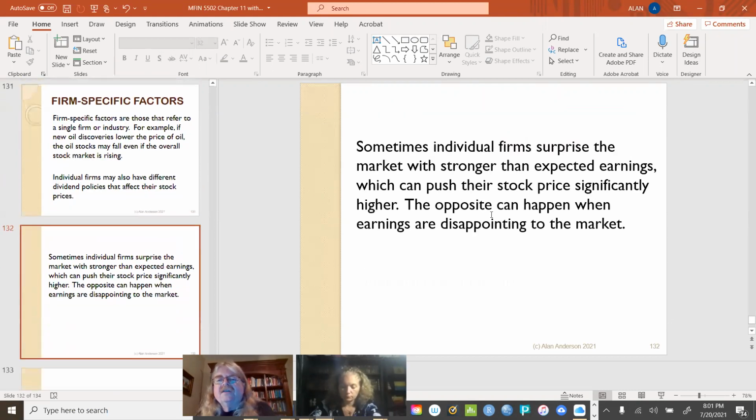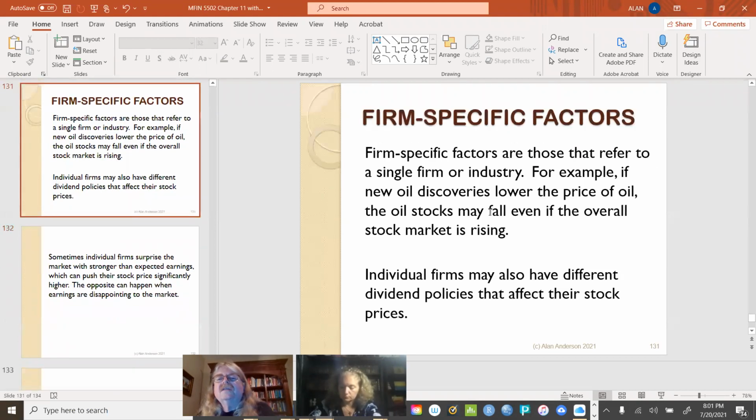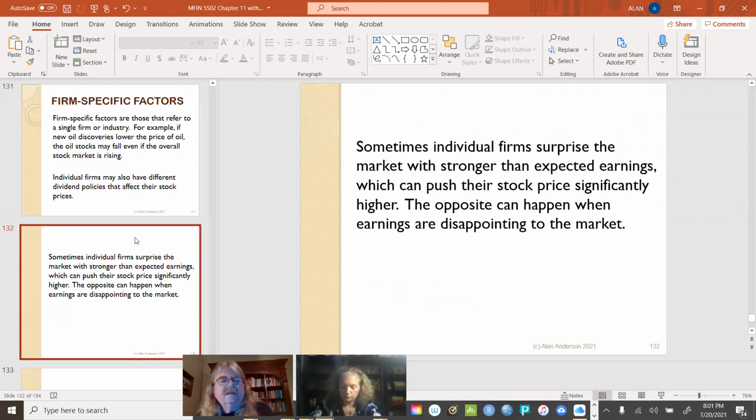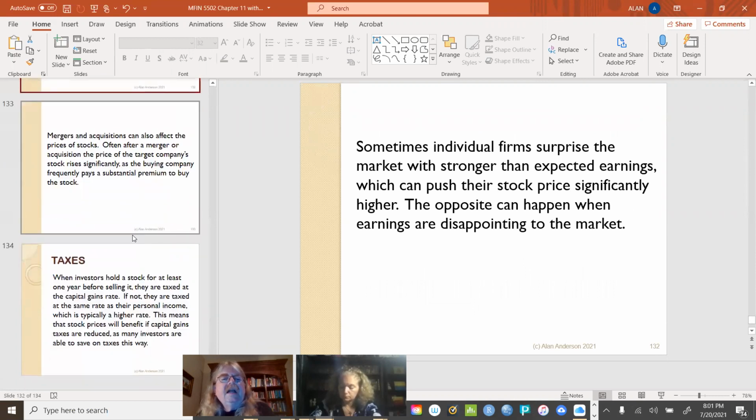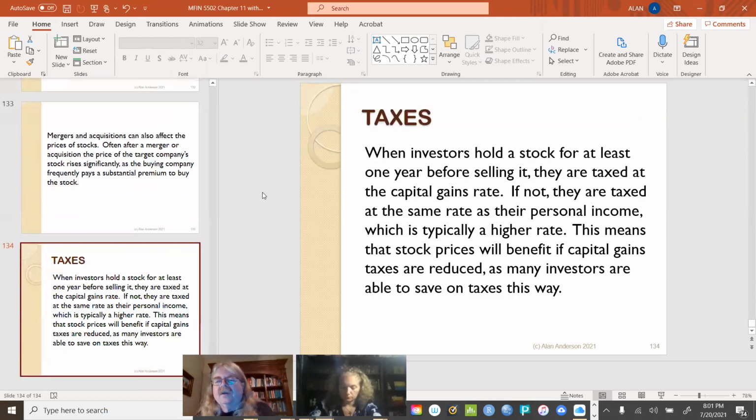And then finally, there are the non-systematic factors that affect only specific companies. All right. And then, of course, taxes. Taxes are everywhere.